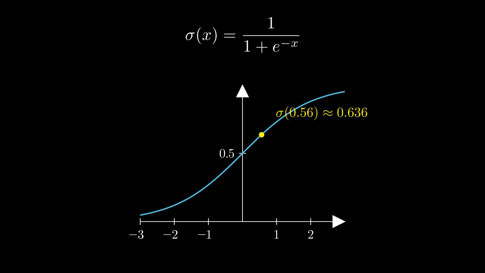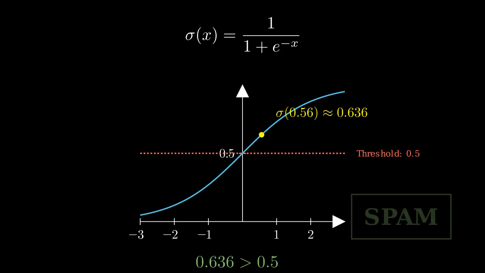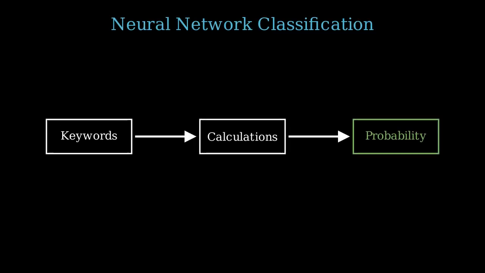The sigmoid function squashes the value into a range between 0 and 1, giving us a final result of approximately 0.636. Because this value is greater than our decision threshold of 0.5, the network officially classifies the email as spam. This mathematical journey from keywords to a final probability shows how layers of simple calculations can solve complex classification problems.